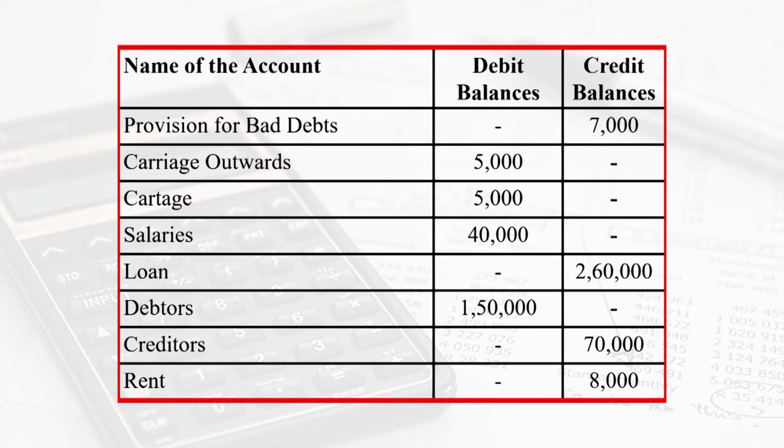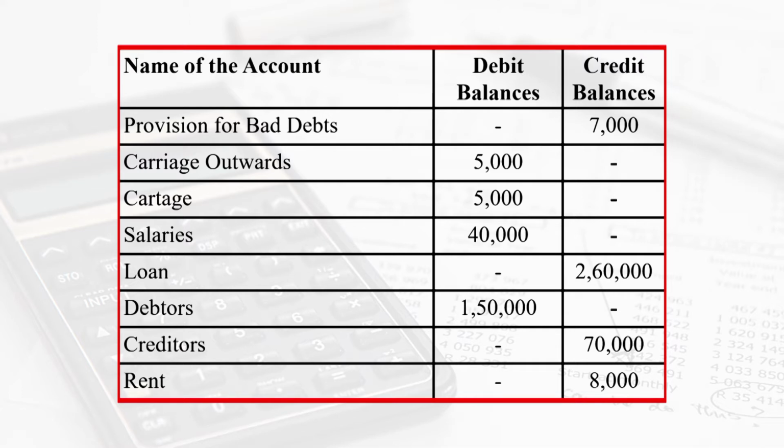Then the loan. Loan is a liability for the business. Therefore, all the liabilities will have a credit balance. So the loan has a credit balance of rupees 2.6 lakh, that is 2,60,000.